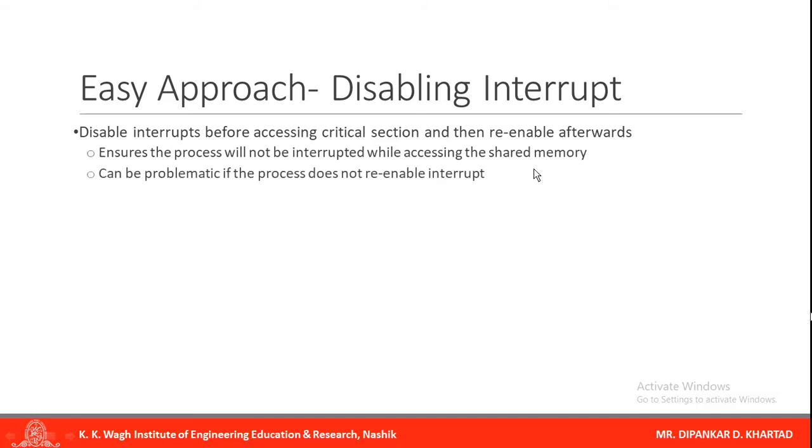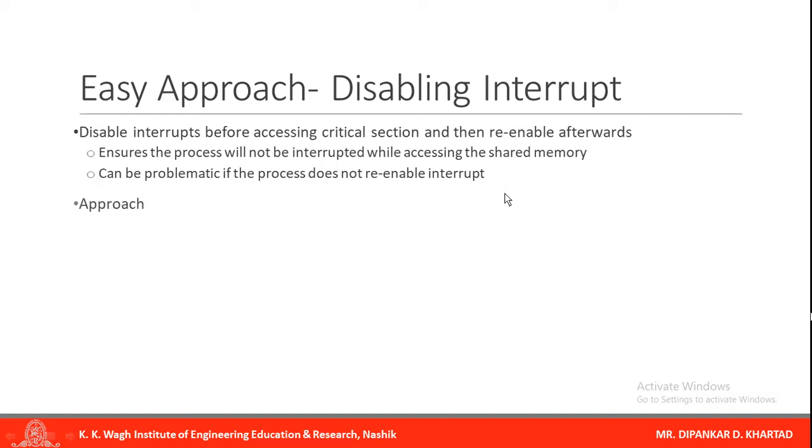And second, it can be problematic if the process does not re-enable the interrupts, because interrupts are important. So if we are going to disable them, they should be properly re-enabled. The problem occurs when the re-enabling of interrupts does not occur properly.